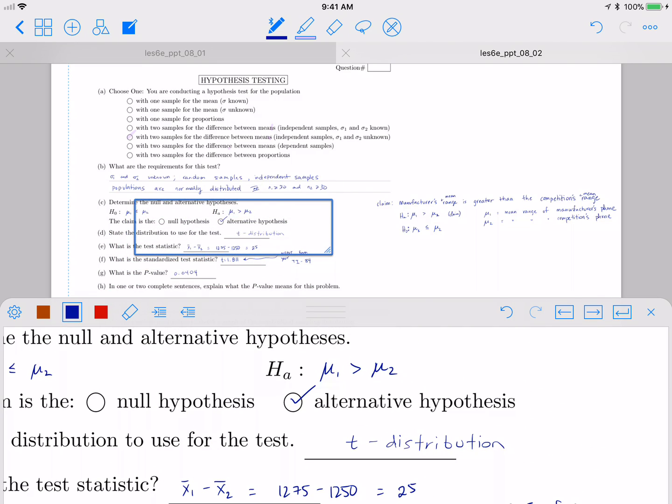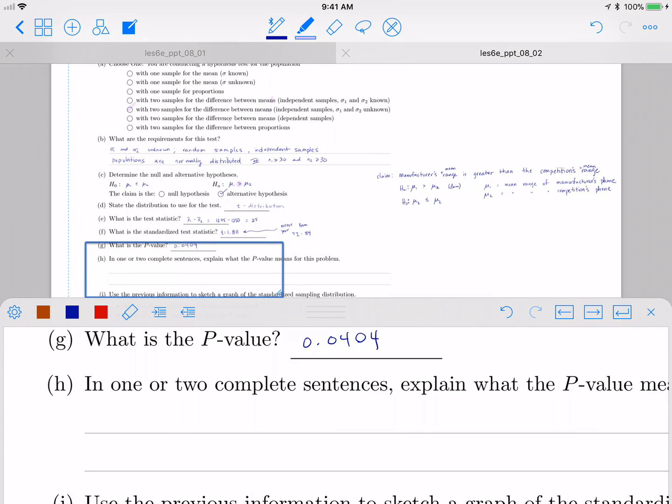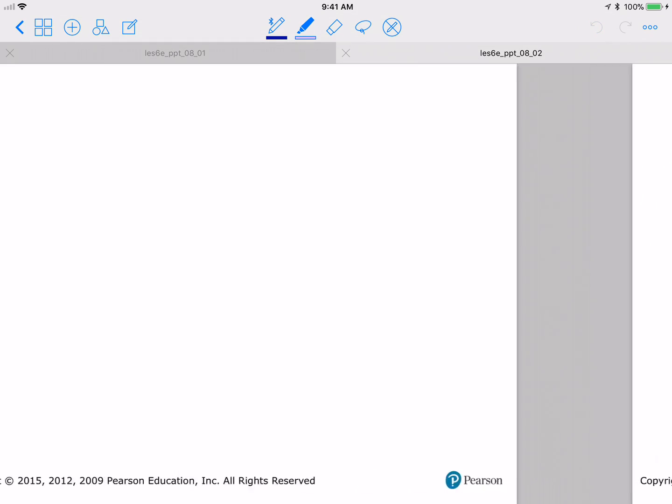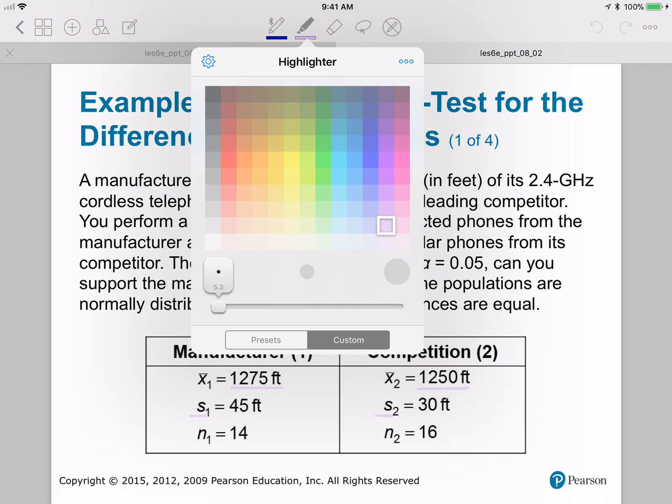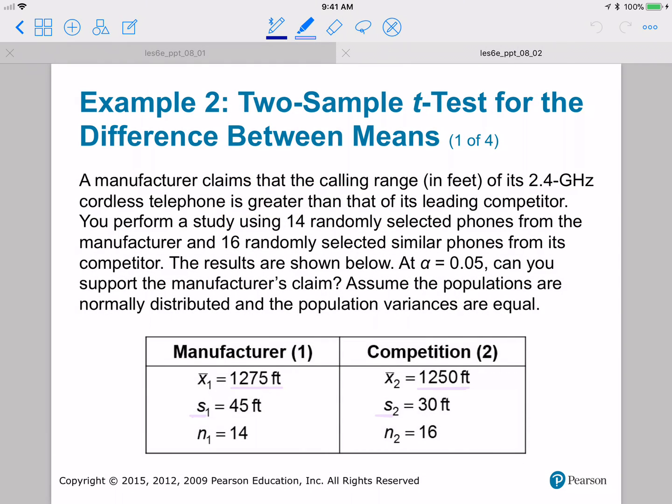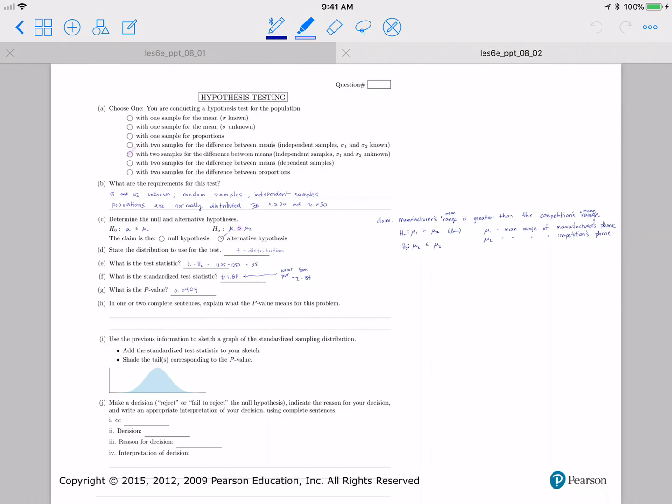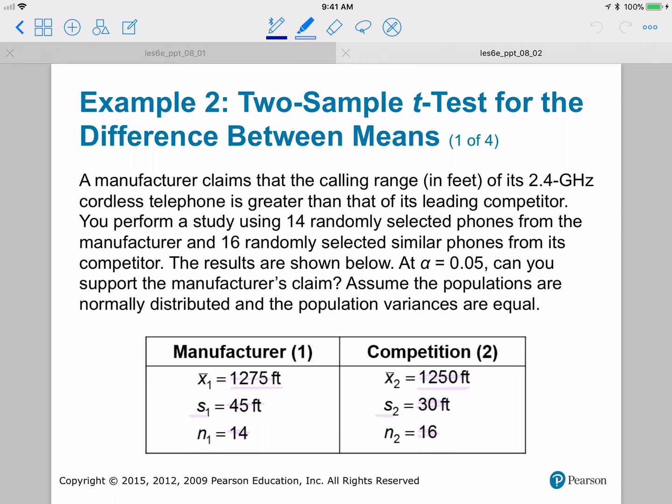Now for the p-value, pretty much the only information that you'll need to add that isn't explicitly stated is that choice of greater than, so that the calculator knows what type of hypothesis test to perform. So you'll need that information, and you'll also need the information of x1, s1, n1, x2, s2, and n2. Okay, the last bit of information that you'll need is assume the populations are normally distributed and the population variances are equal. So you are assuming that the variances are equal.